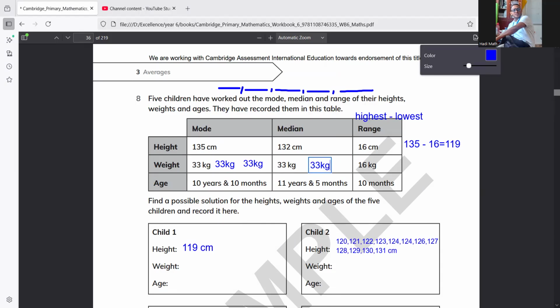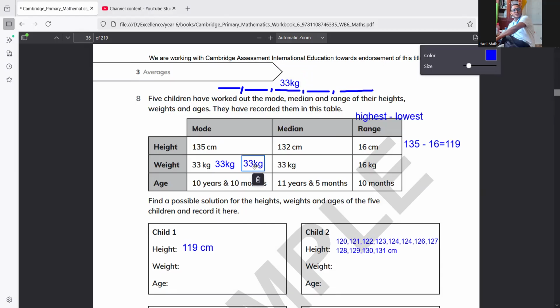So you can go on with the median, 33 kilogram. You need to repeat the 33 one time minimum. You could repeat it one time, you could repeat it two times, as you like.